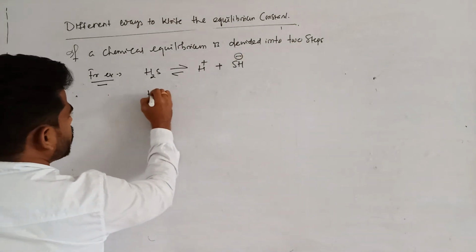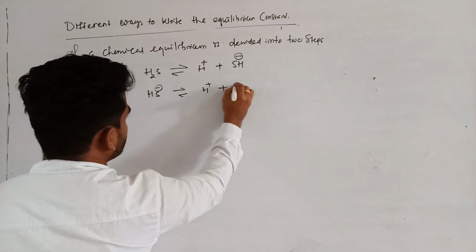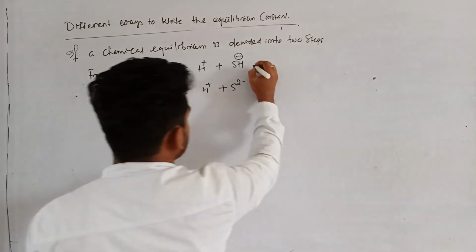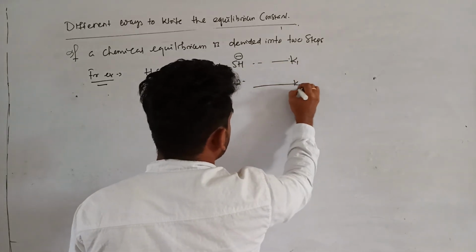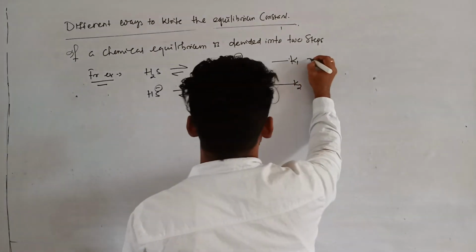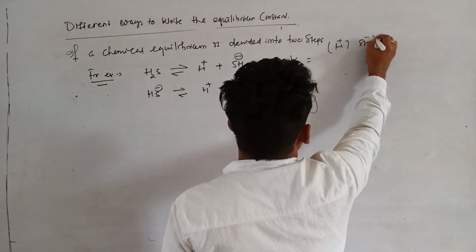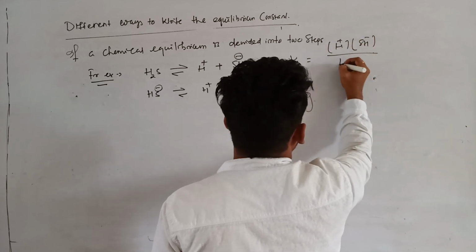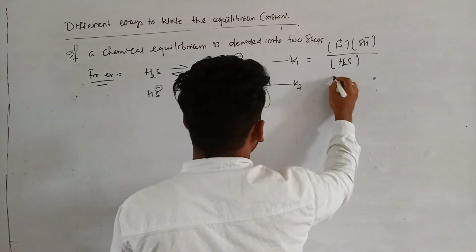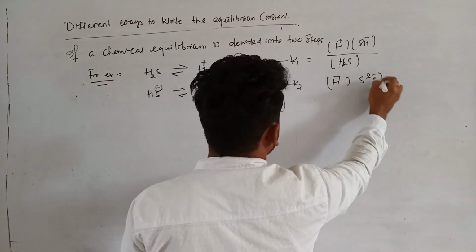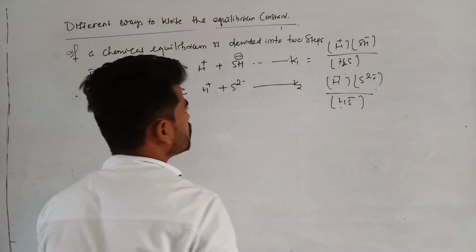Next, again HS minus gets converted into H plus plus H2 minus. Let's say for this one the equilibrium constant is K1, and for the second one the equilibrium constant is K2. That can be written as K1, that is H plus SH minus divided by H2S, and here this K2 is H plus H2 minus divided by HS minus.